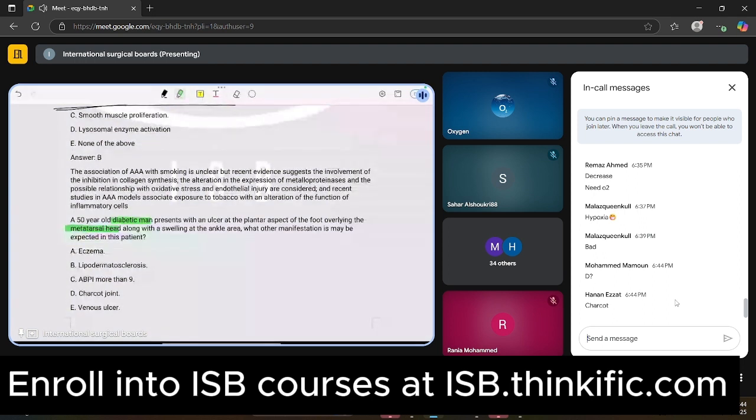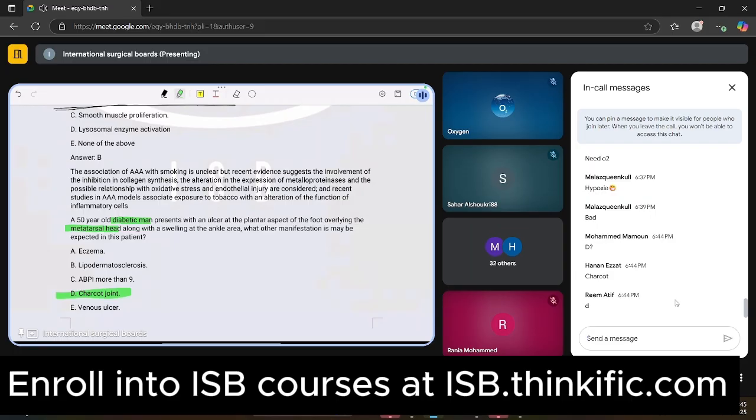I know a lot of risk factors for venous disease, but diabetes and venous disease, I'm not sure. But of course, we know that diabetes causes neuropathy, and neuropathy causes Charcot joint, a severe degree of neuropathic damage. So it's a more correct answer. I think it is a more accurate answer.